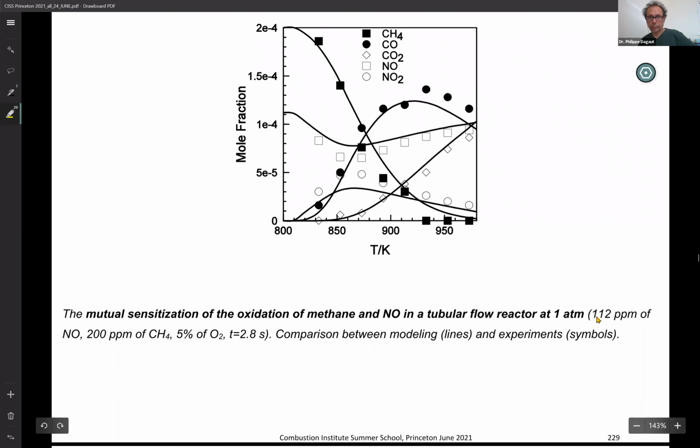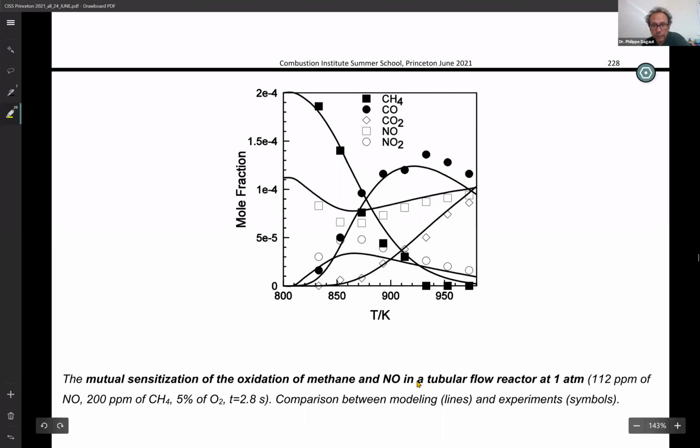Here we operate. These are literature experiments performed in a flow tube, flow reactor at atmospheric pressure. So we simulated their experiments, and we see the consumption of NO and the formation of NO2.